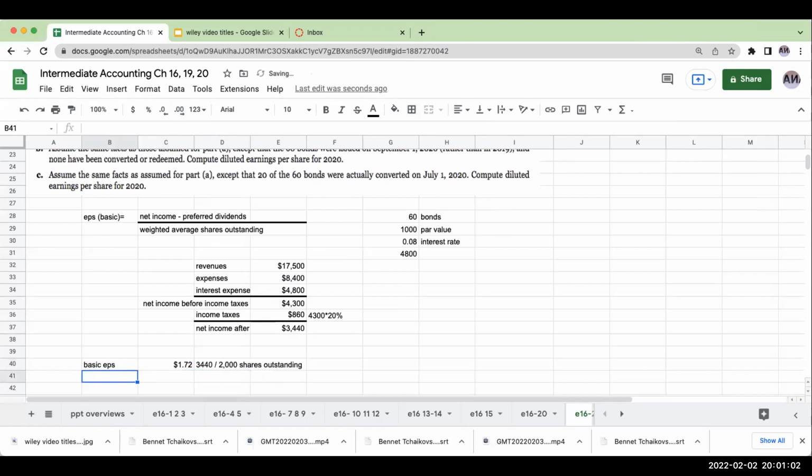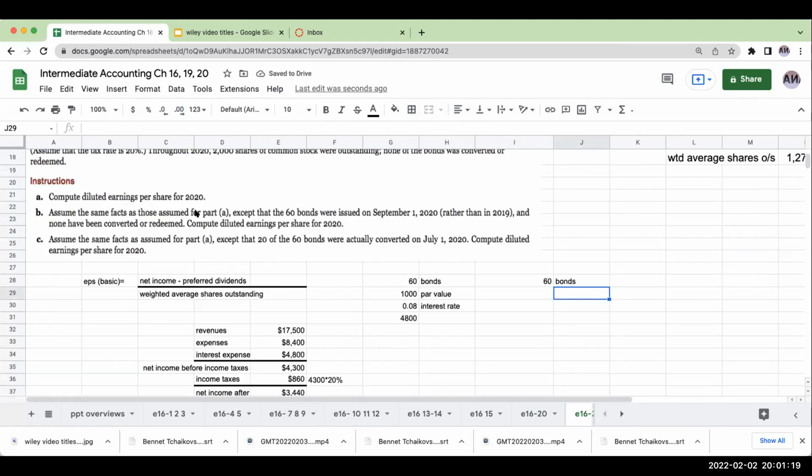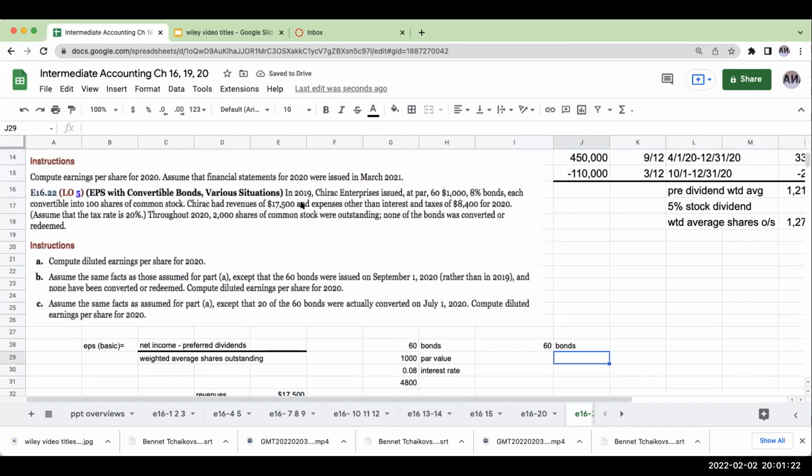Now, when we're getting into fully diluted, what we have to do is assume what happens if these bonds converted. If we have 60 bonds and each of the bonds converts into 100 shares of common stock, this is going to add 6,000 shares as a result of the bond conversion.